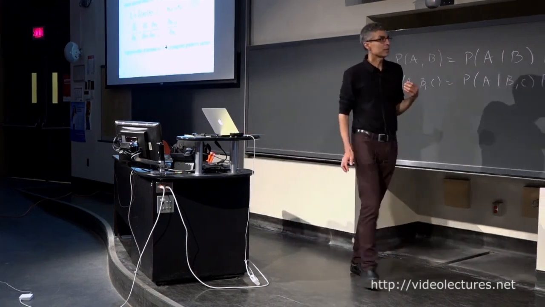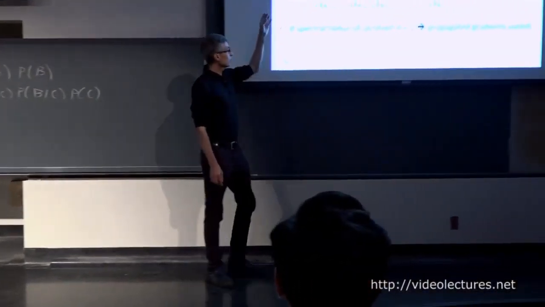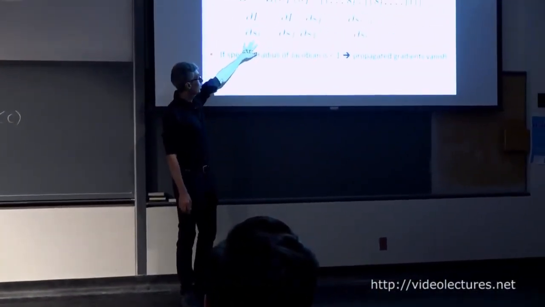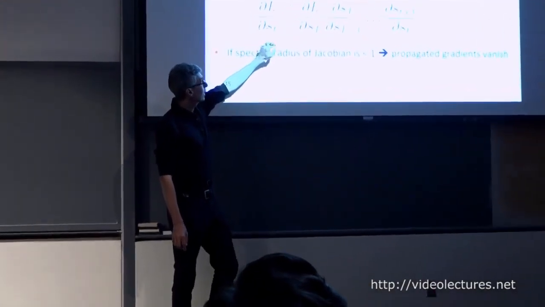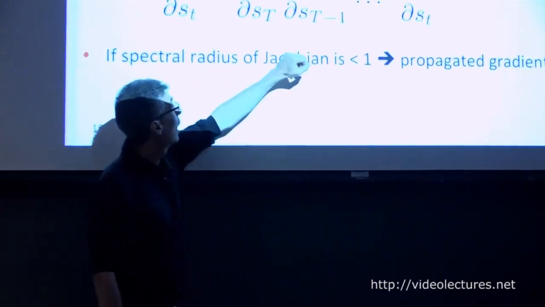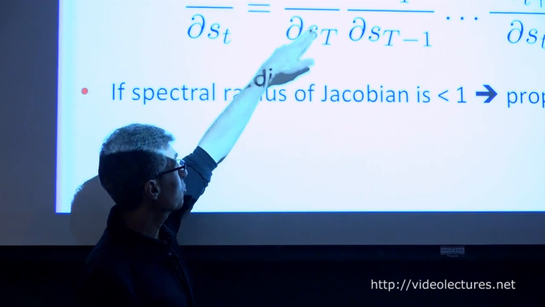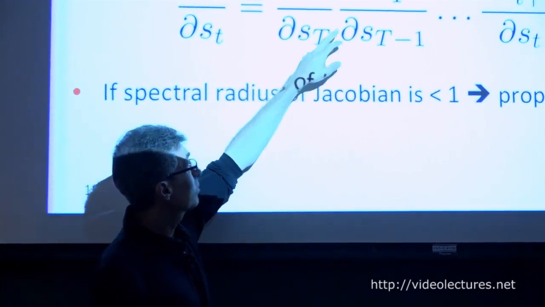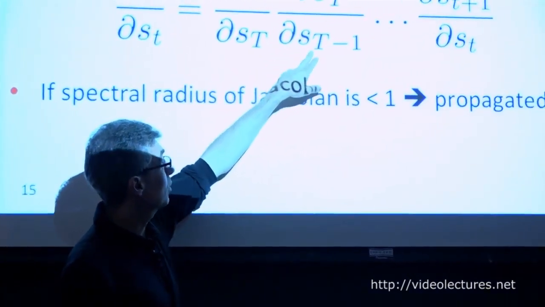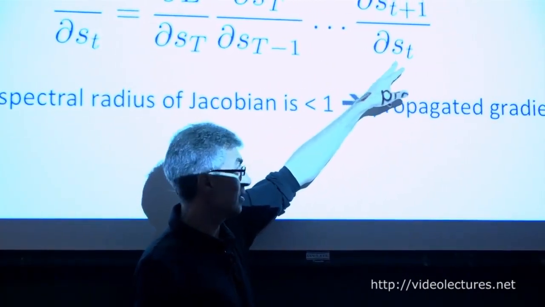The reason why this becomes important is that if you think about the derivatives of the loss with respect to the state at some early time, it's just a product of these Jacobian matrices that I was telling you about. By the chain rule, that's going to be the derivative of the final loss with respect to the final state times the derivative of the final state with respect to the previous state, and so on until we get to the last Jacobian ending at s_t.